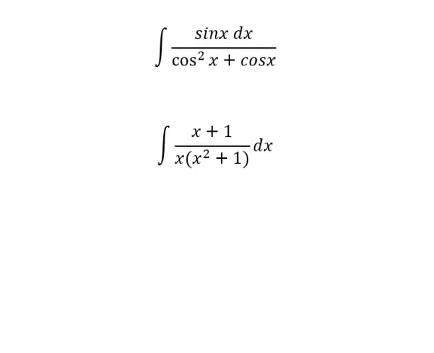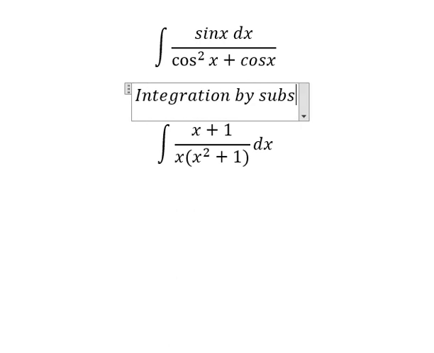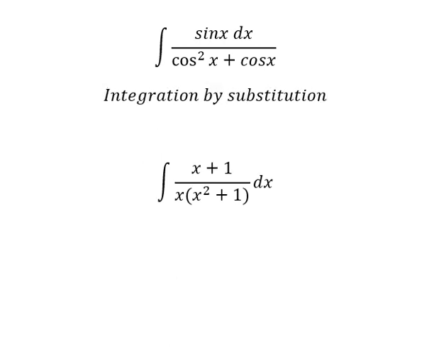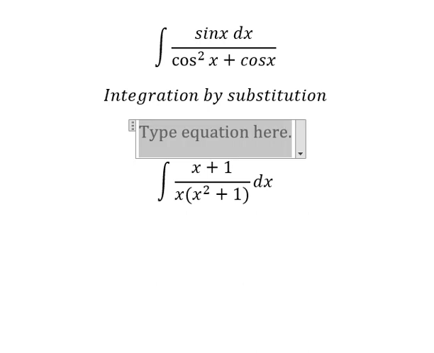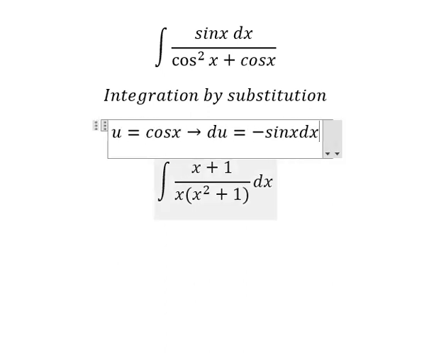Question number 2. We can use integration by substitution. So I will put u equals cosine x. Later we need to take the first derivative of both sides, and we have this.